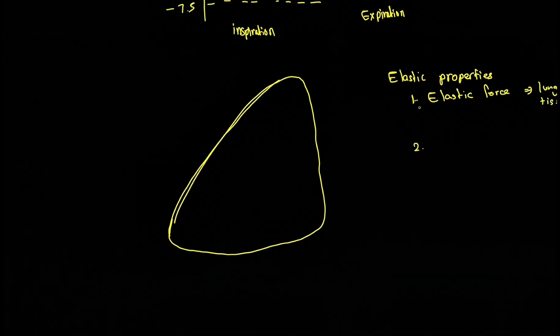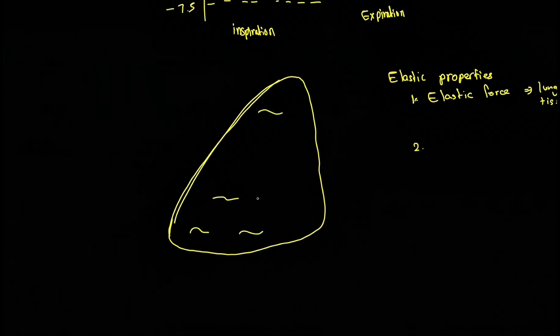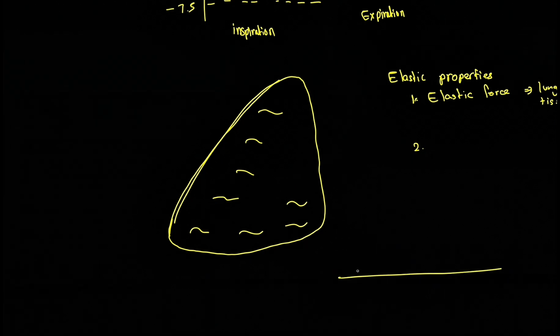We have elastic fibers inside the lungs. This is your initial stage like a rubber band, and when you try to stretch it, it tends to collapse more.